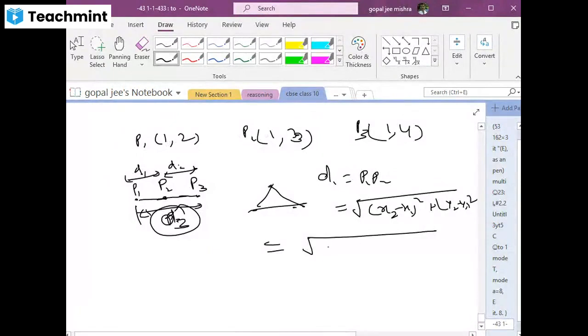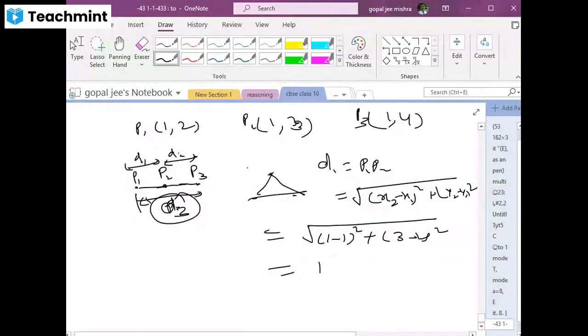Whether you write it or not is your choice, but 1 minus 1 will be 0 square, plus (3 minus 2) whole square. 3 minus 2 is 1, and the root of 1 will be 1. So that is why the result is 1. Okay.